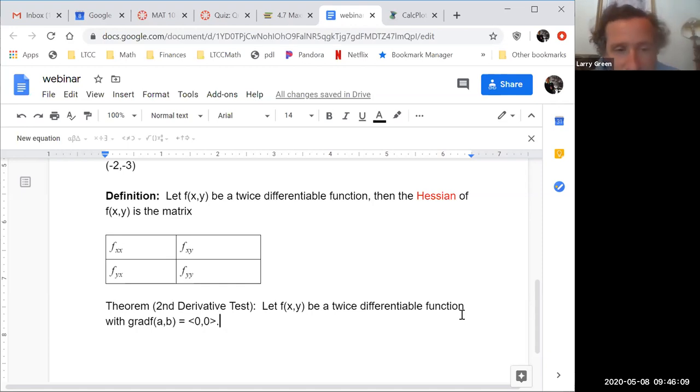So I'm going to do the following. Let D, capital D, be the determinant of the Hessian. Remember the determinant of the Hessian will be f xx times f yy minus f xy times f yx. But f xy and f yx are equal for all nice functions.